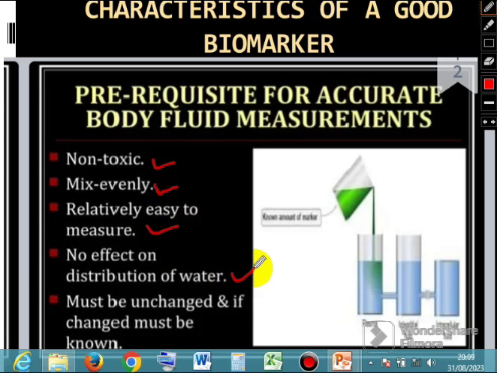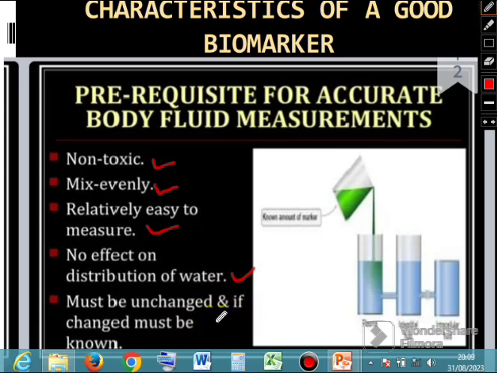You know what that means? Water is not static. I said that before. There are substances you can inject into a patient, and it's going to stop water from flowing normally. So you have to make sure that the marker you are injecting into somebody's child should not affect the distribution of the water content of the person.